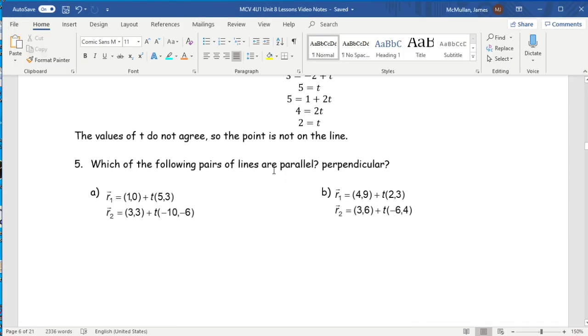Which of the following pairs of lines are parallel or perpendicular? Okay, these lines are parallel.